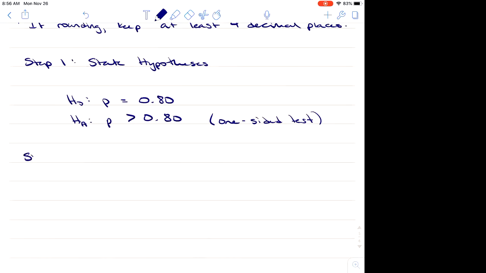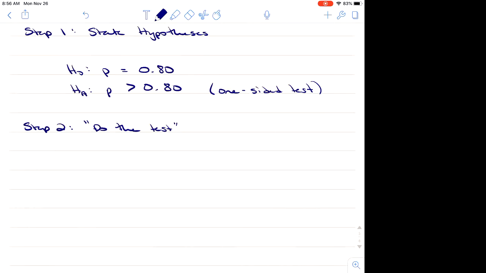Step 2. Do the test. Do the test means do whatever calculation follows on your formula sheet.